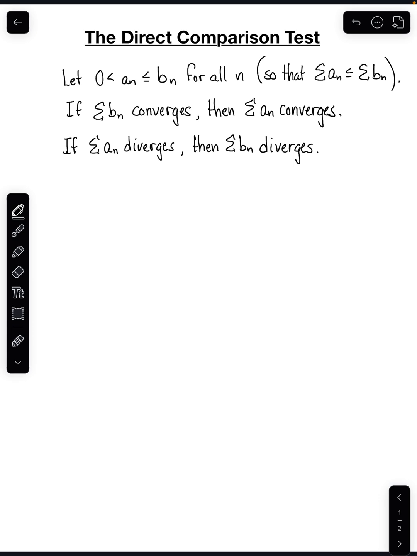For example, consider the series 1 over 2 plus 3 to the n. Now, the plus 2 in the denominator, if it wasn't there, this would be a very easy series to work with.